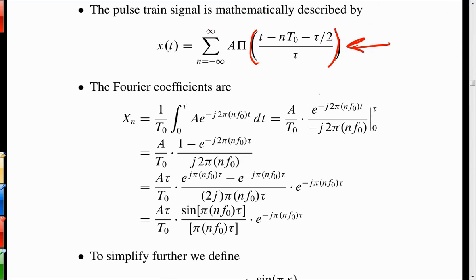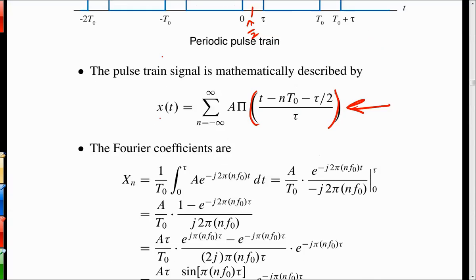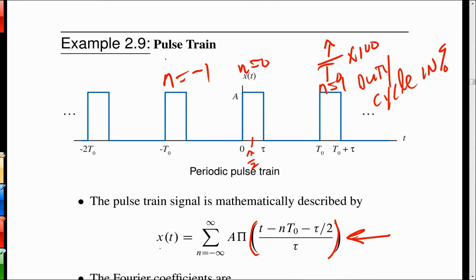When you dive in to take the Fourier coefficient on this, the Fourier analysis equation just says, let me do one period. You can pick any period you want, and that's the beauty of the Fourier analysis equation, because it's periodic.